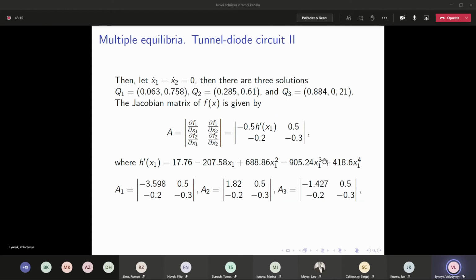The eigenvalues here are negative, here one negative and one positive, and here both eigenvalues are negative. It means that the q3 equilibrium point is a stable node, q1 is the same, a stable node, and q2 is a saddle point, an unstable point.